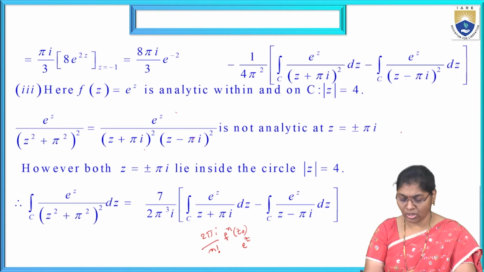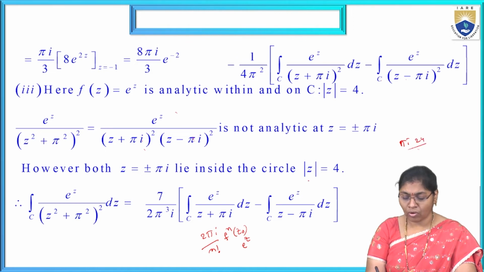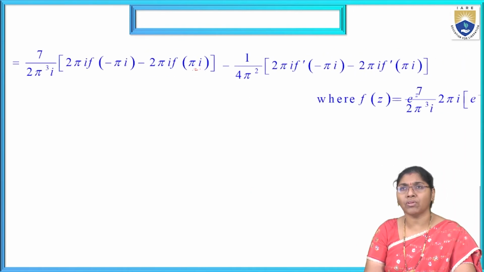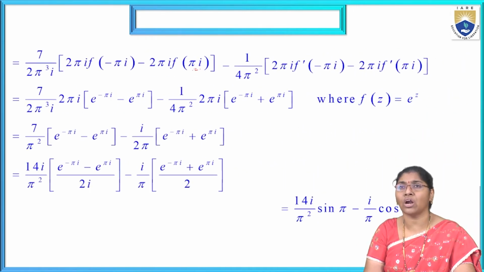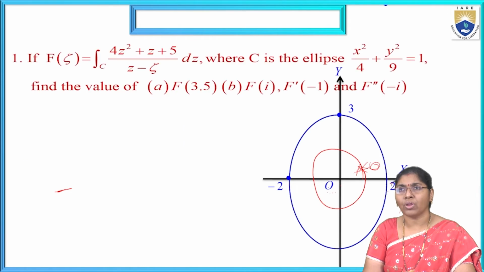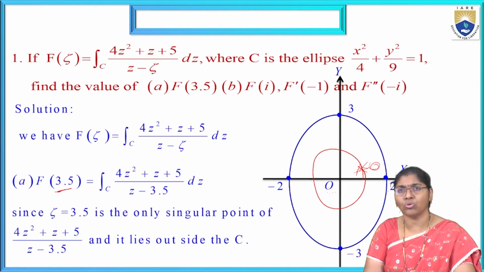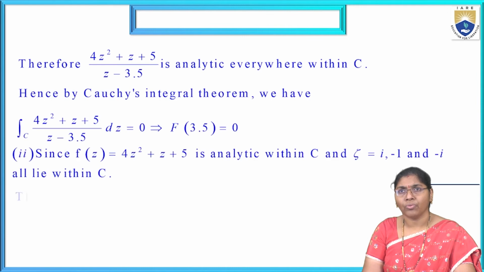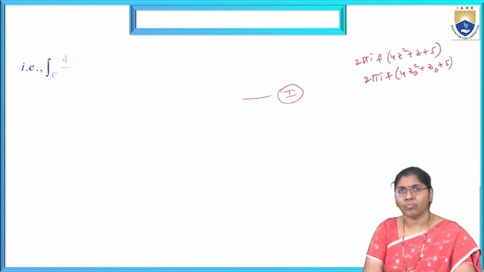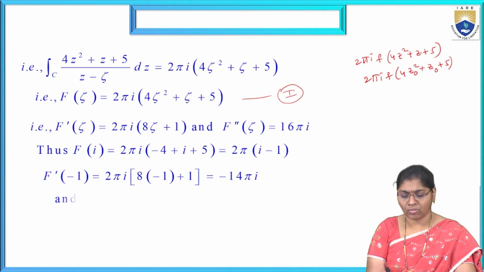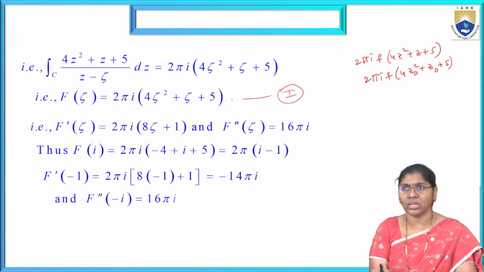Here the final solution comes as πi times something. Compulsorily, in each and every equation we substitute z equal to the z_0 value. This is the final solution. Now substituting each and every term.